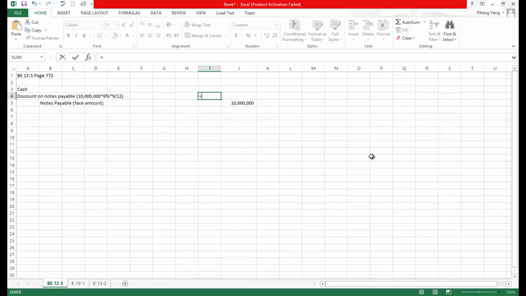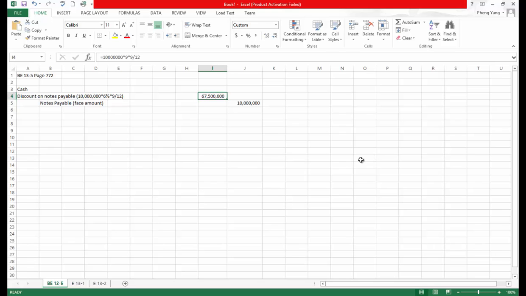The note discount is going to be on the $10 million at 6% for 9 months. So it's $10 million times 6% times 9 over 12. That should get us to the discount.